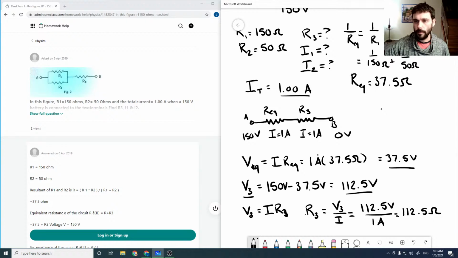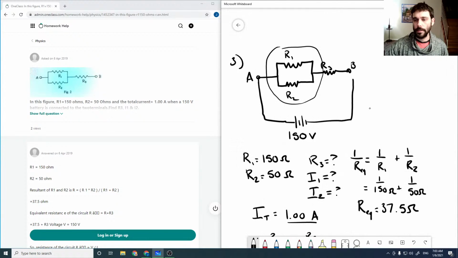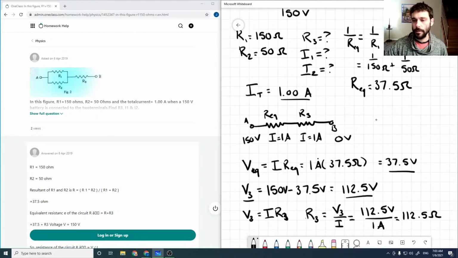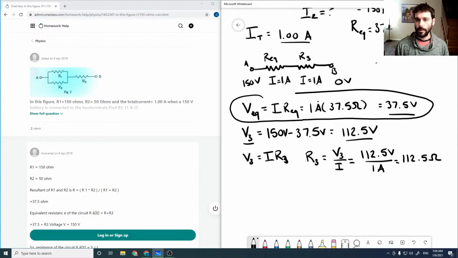Now, to compute I1 and I2, we don't use that current is the same, but instead that voltage is the same in a split. And we know that the voltage drop in the equivalent resistance is 37.5.